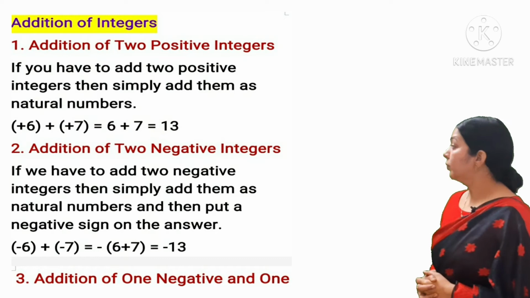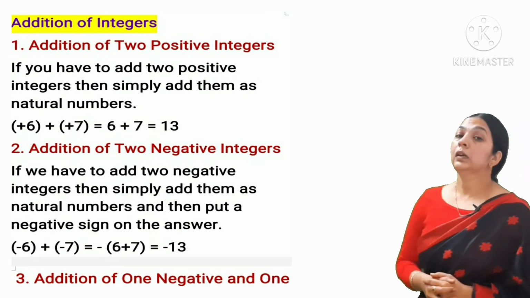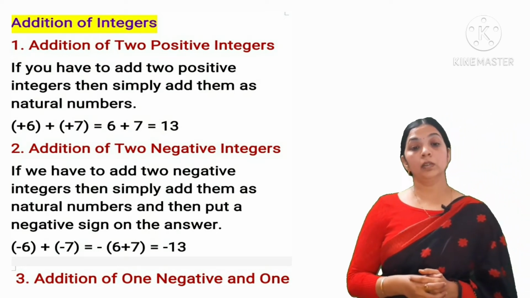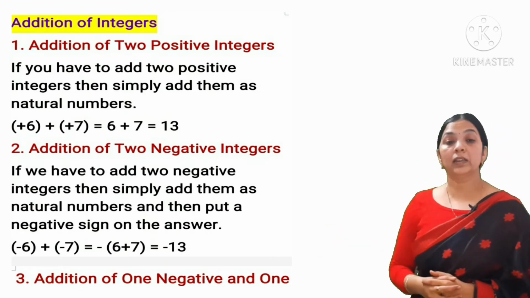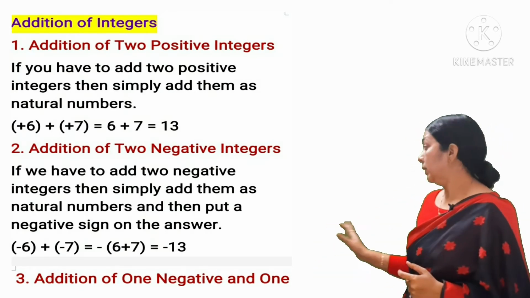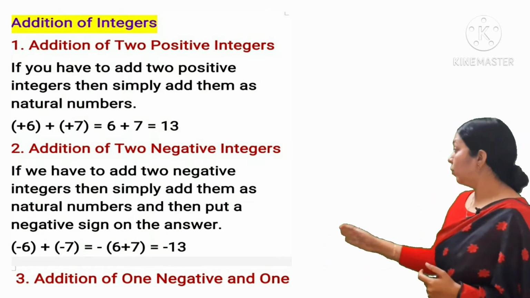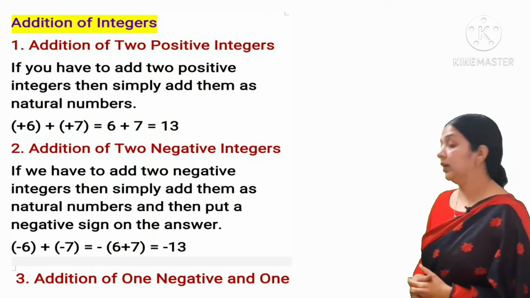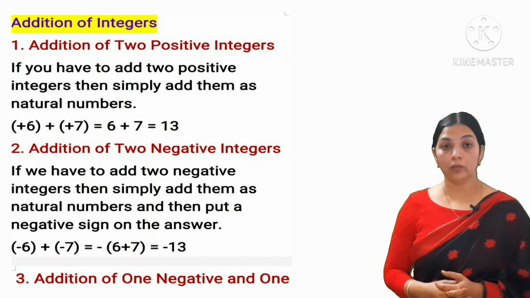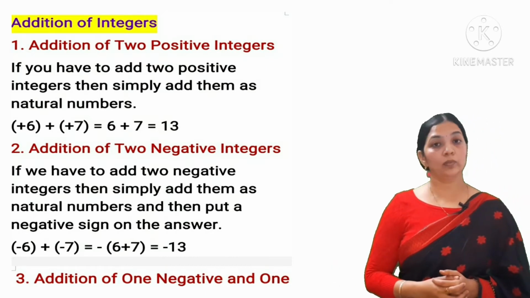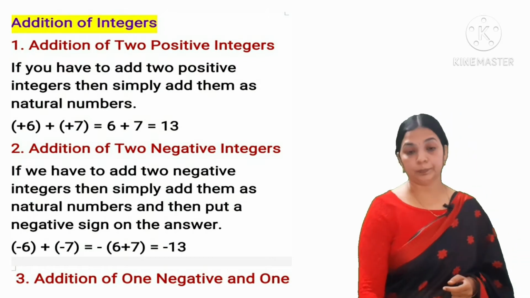Second, addition of two negative numbers. In addition of two negative numbers, we simply add the numbers and put the negative sign. Suppose we want to add minus 6 to minus 7: it would be 6 plus 7, 13, and because both of them have a minus sign, it would be minus 13.